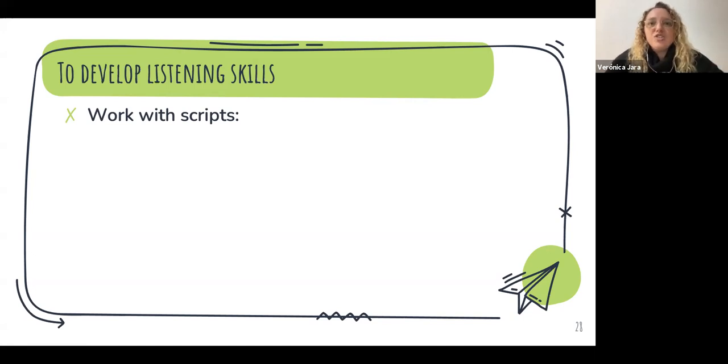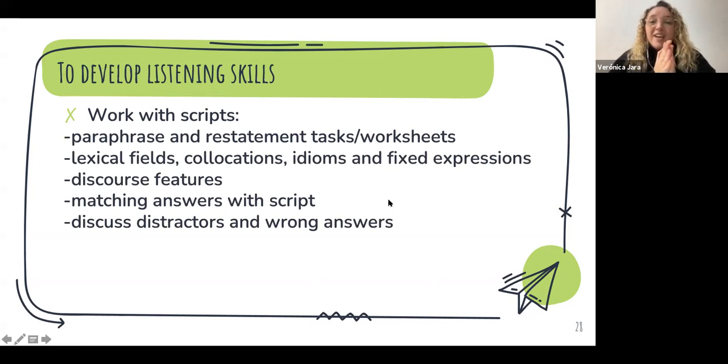So there are lots and lots of things that we can do to exploit such a valuable resource. We can come up with paraphrase or restatement tasks or worksheets. Yes, I will show some of these things in a minute.